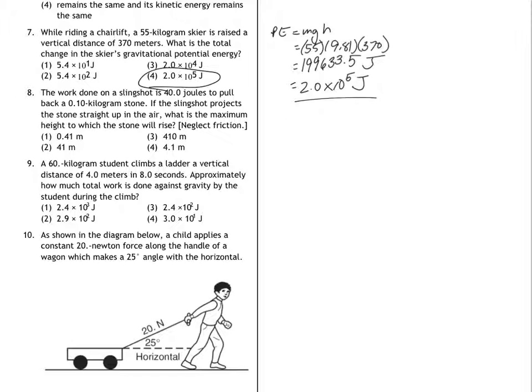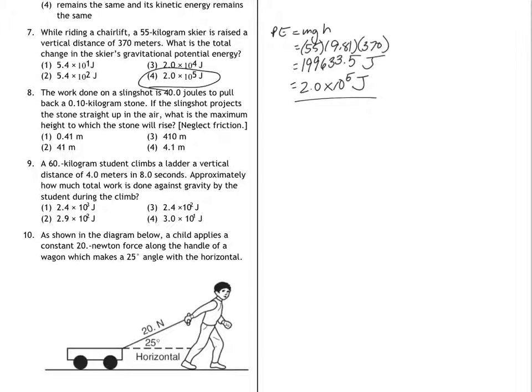So we know that if 40 joules of work is done to load the stone, then it's going to give the stone 40 joules of kinetic energy when it begins to fly. So we also know that if it has 40 joules of kinetic energy when it begins to fly, it will rise to a height that has 40 joules of potential energy above the ground.